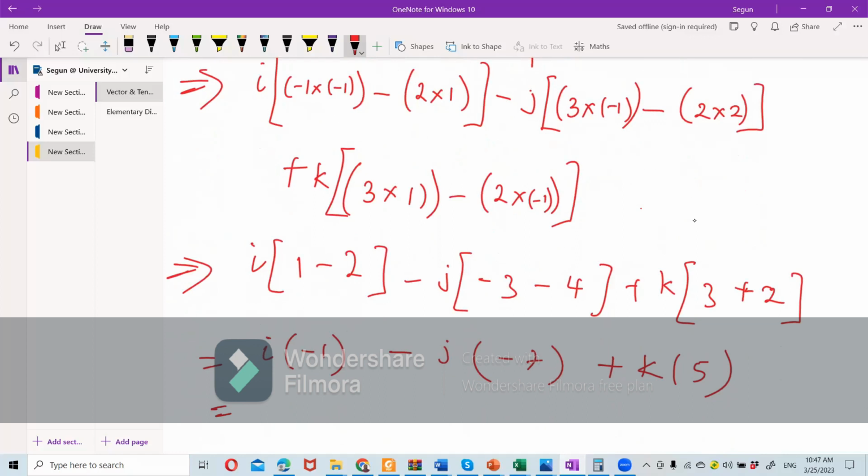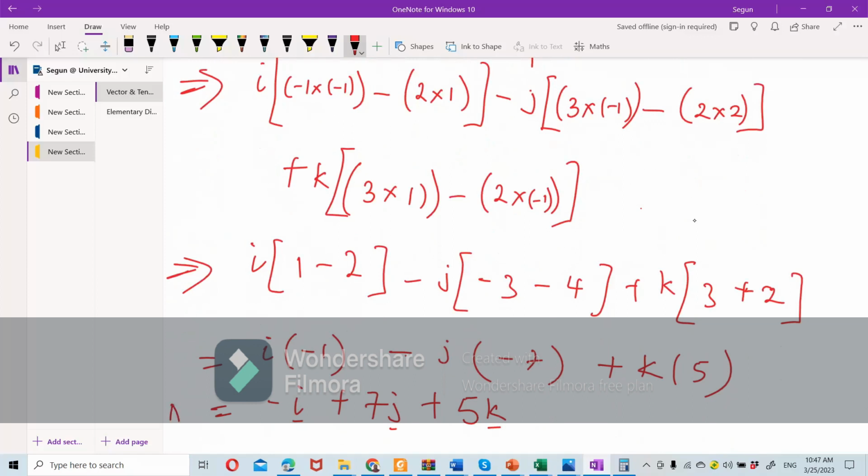So we have -1 multiplied by I, negative I. Negative times negative, positive J, 7J, and plus 5K.